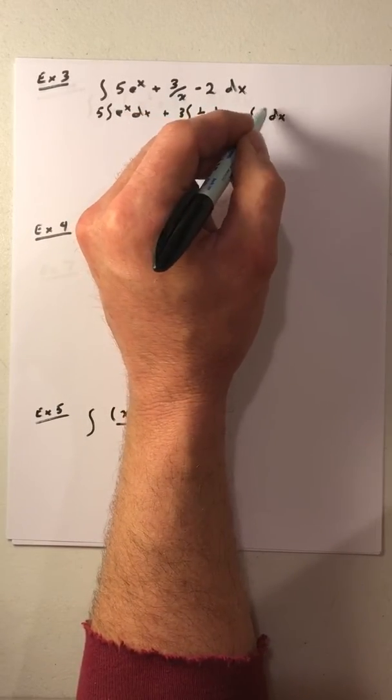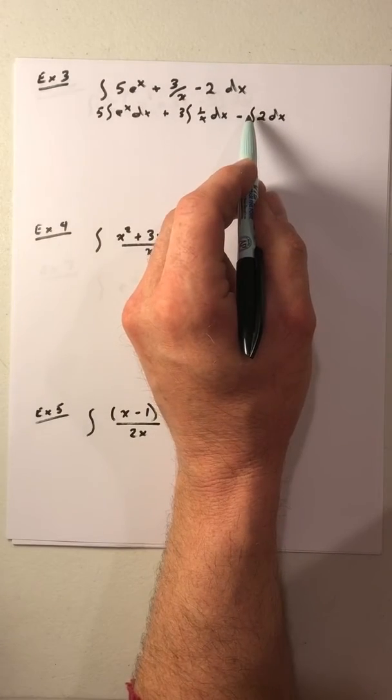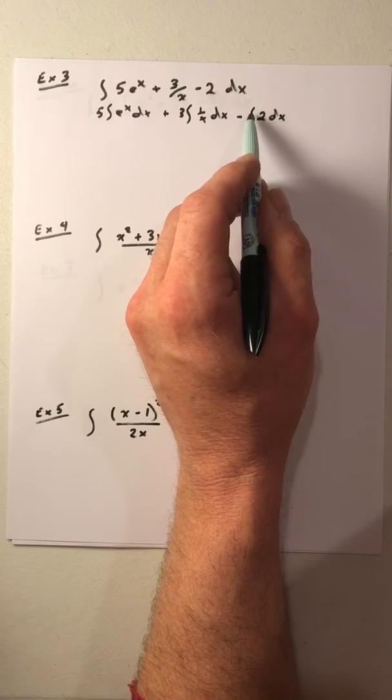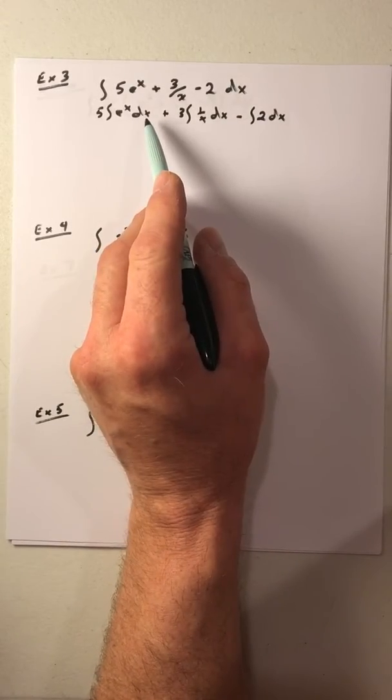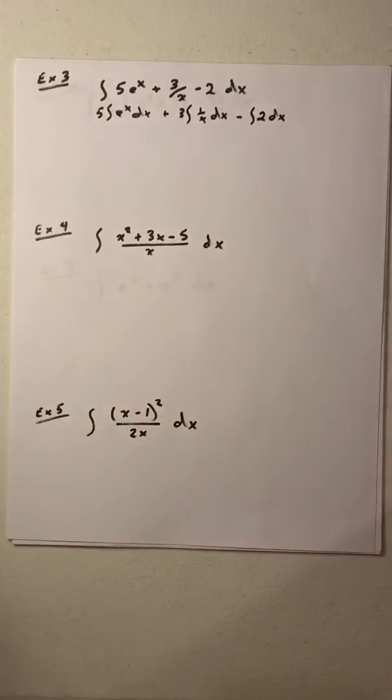We could even bring this 2 out in front of the integration symbol, so we just have 2 times the integration of dx. I don't expect any of us to write it in this form, but it's just a way of showing what it's going to look like in our mind.